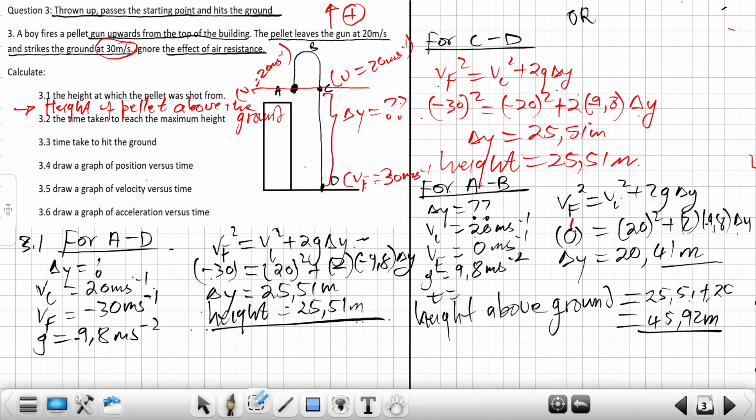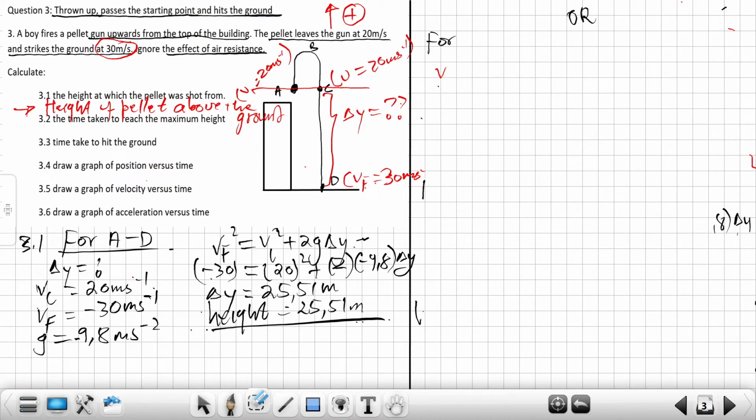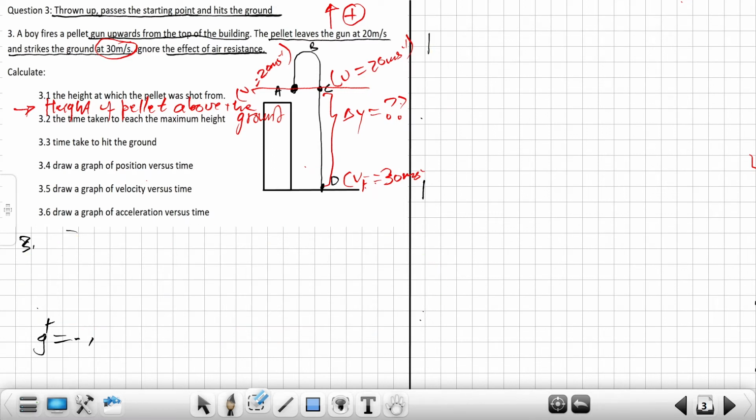But I am not going to remove our sketch because we are still going to need that in order for us to answer the questions thereof.